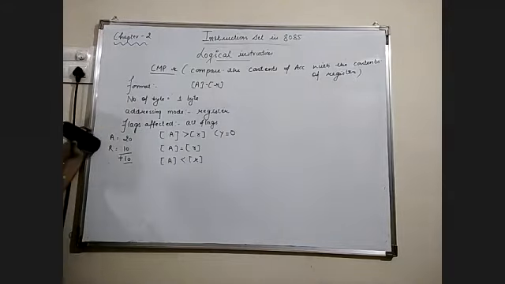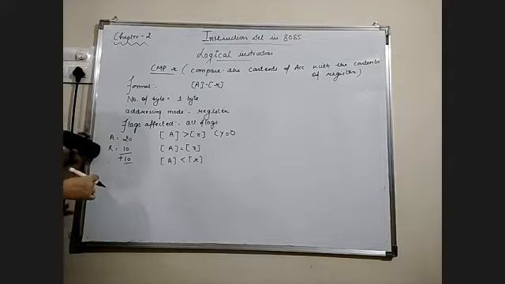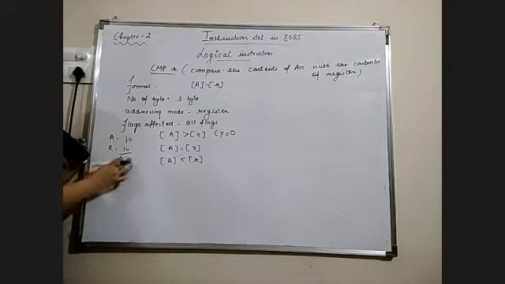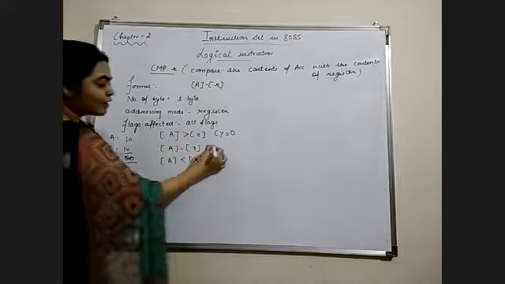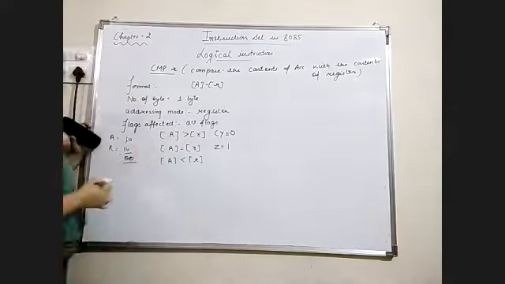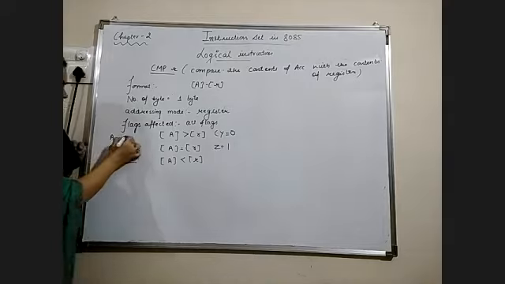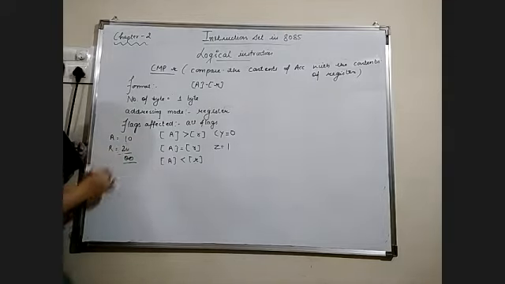That we did in the subtraction part in the arithmetic group. Okay. Next we have A is equal to R. When both the values are equal, the result is 0, and when the result is 0, the zero flag is equal to 1. Next, when the value of the accumulator is smaller than the value of the register, for example 10 in the accumulator and 20 in the register, the result is minus 10.